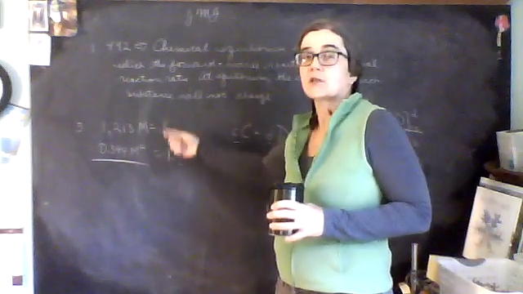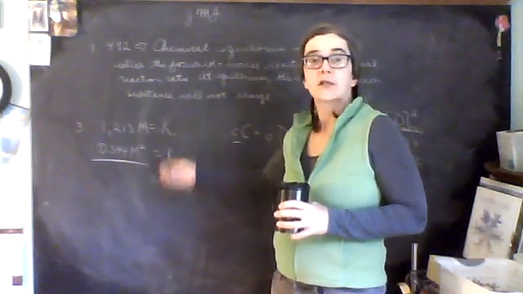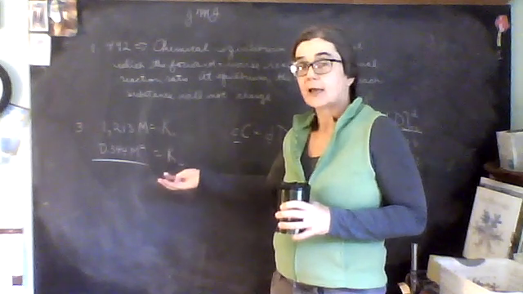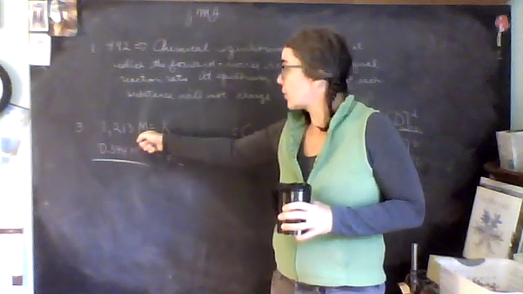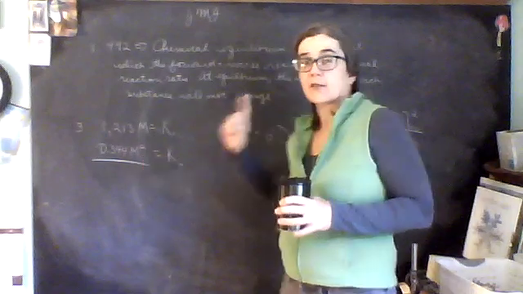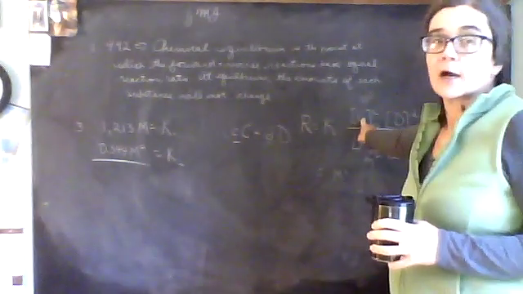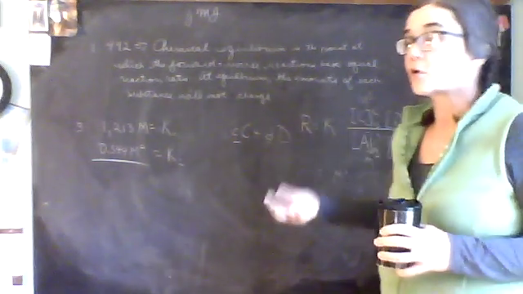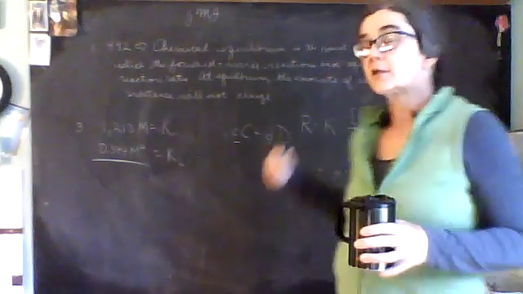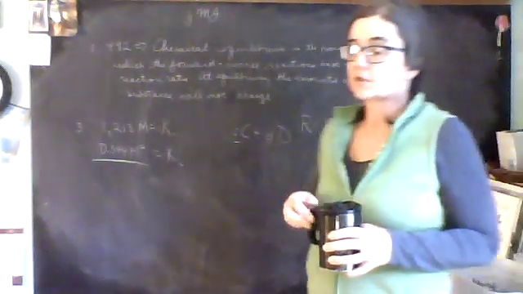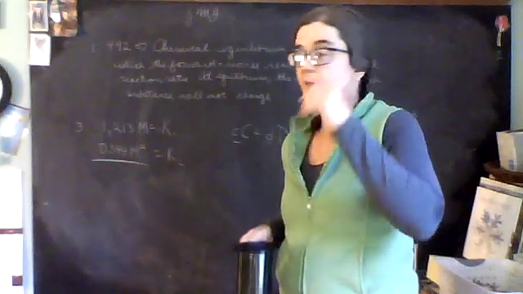This just has to do with the constant K. What we have to be looking at is the units of K. That will tell us about our products and how many of them there are, because that will give us the coefficient.